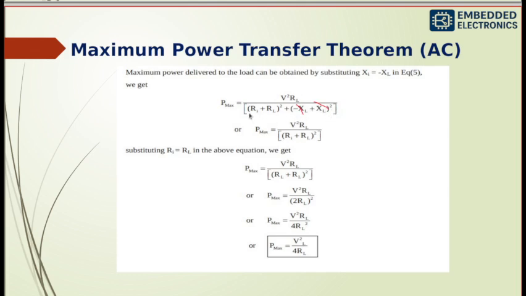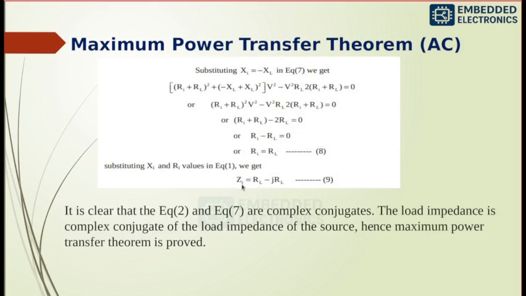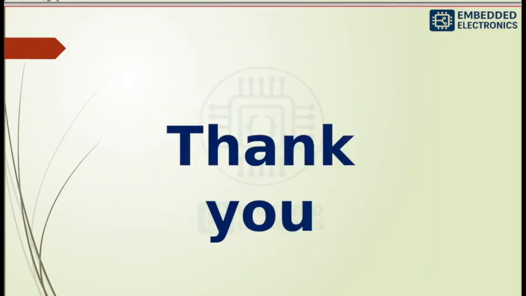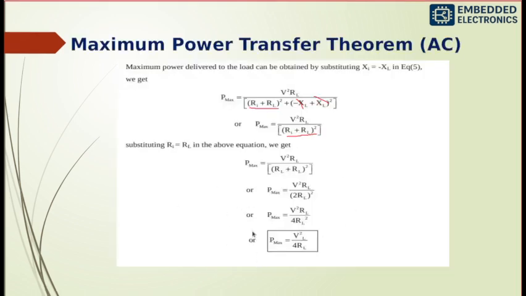So you will get only this part, right? Similarly we get Ri equals RL. Substitute that also, then you will get (2RL) whole square, which means 2 square is 4, RL square. Then write this one as it is, and you will get the Pmax value. This is the maximum power transfer theorem. Thank you.